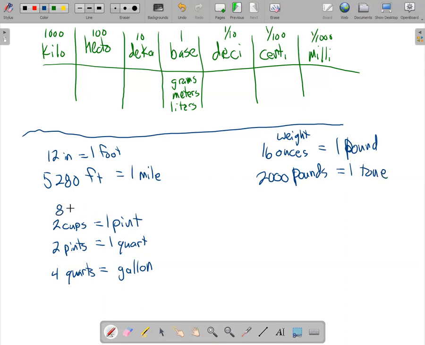There are 8 ounces, and these are liquid ounces, which are not the same as weight ounces, in 1 cup. So kind of crazy numbers. 2s and 4s and 8s aren't too bad, but it's not as nice as 10s and tenths. So the metric system works really well with our number system, whereas the imperial system does not.